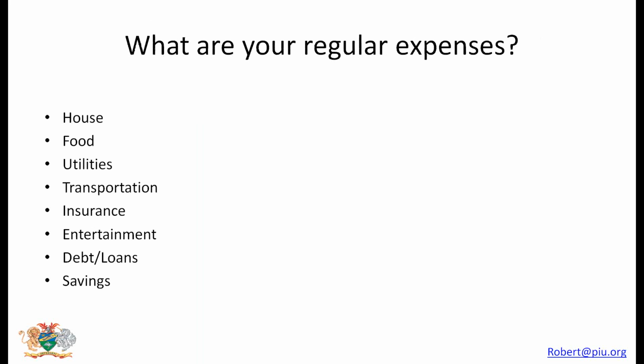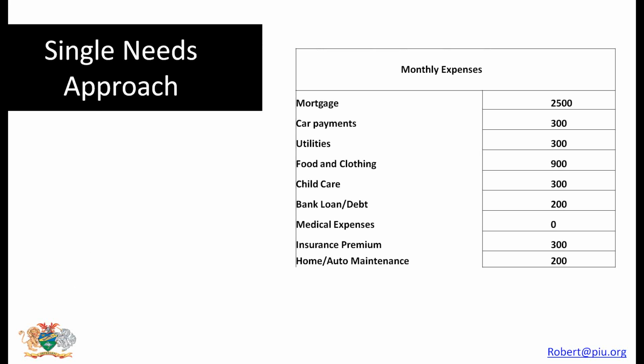So asking your client, what are your regular expenses? Most likely it's going to come with a list of the following. We can take two different approaches. The first, the most basic, is the single needs approach. This looks at the mandatory expenses we're going to have to pay on a monthly basis. What can I truly get away with as a bottom line need?